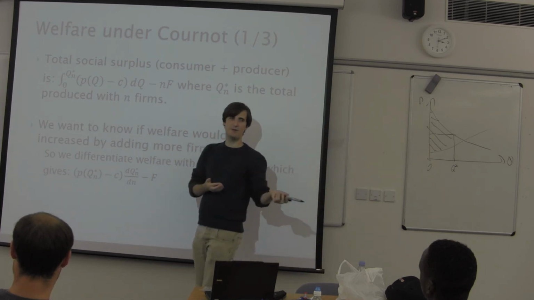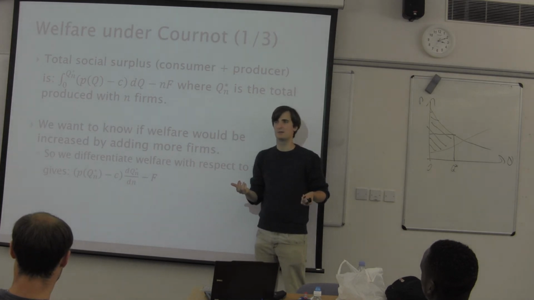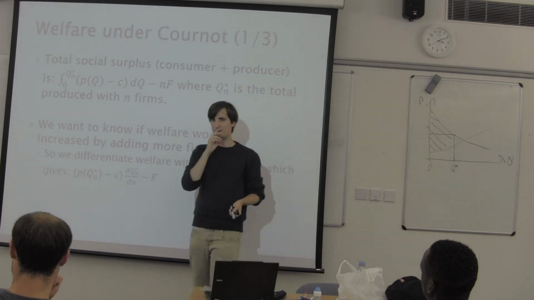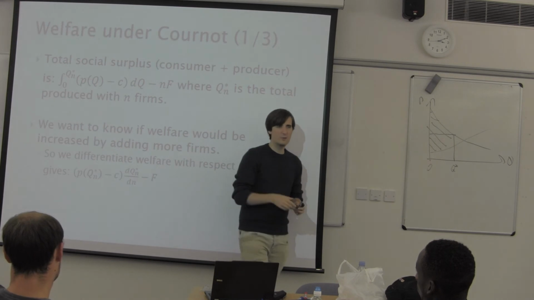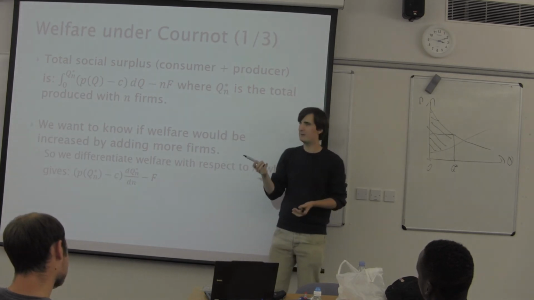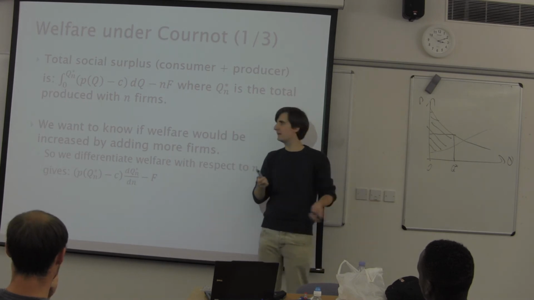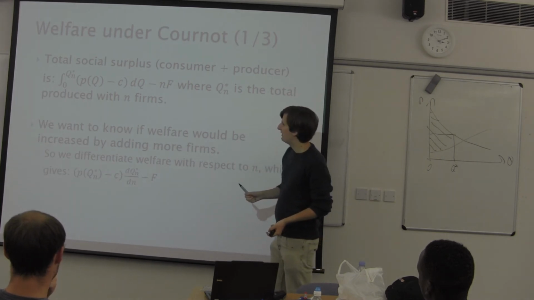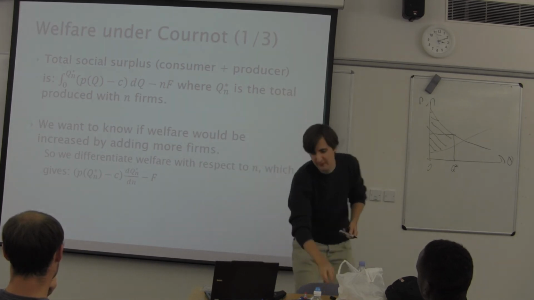Intuitively, would you think too many firms or too few firms would enter with Cournot competition? Too few. Okay, so why do you think too few? If there's a fixed cost to entering, we've already seen that. Yeah, okay, so with Bertrand competition, too few firms entered. You would have liked 2 firms to enter, but in fact only 1 firm entered. And yeah, it's plausible the same thing would hold here, so we'll see if it does.